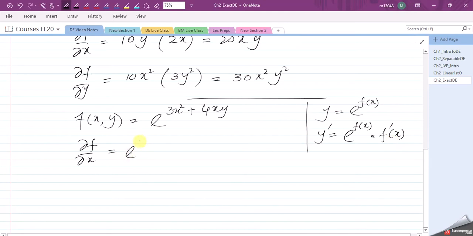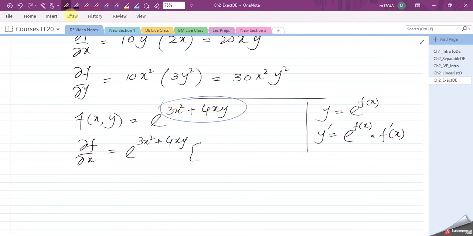So here e power 3x square plus 4xy as it is, no change, into derivative of this thing, but with respect to x only. Remember, now we are going to keep y constant. Here there is no y, so that's all right.